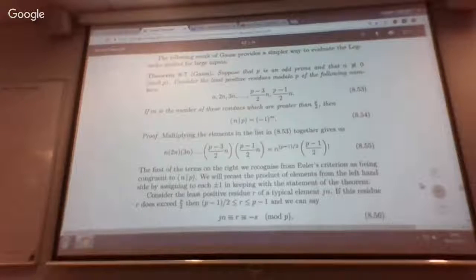And this result by Gauss can be seen as a kind of an extra step from this, just getting another way of looking at the relationship between the Legendre symbol n mod p and other properties of n compared to the modulus, other congruence type of properties of n. So we have this theorem 8.7 of Gauss.